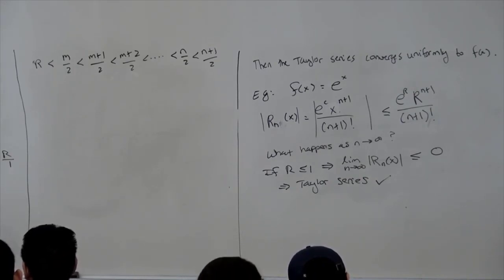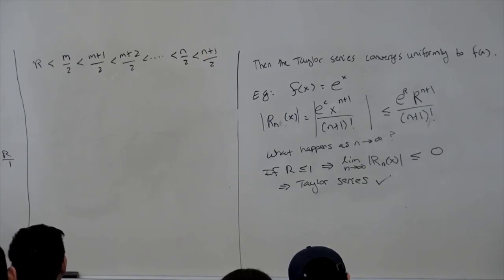This r is less than n over 2. This r is less than n minus 1 over 2. And I'm going to keep going until I get to this point as my cutoff for where I'm able to do that.